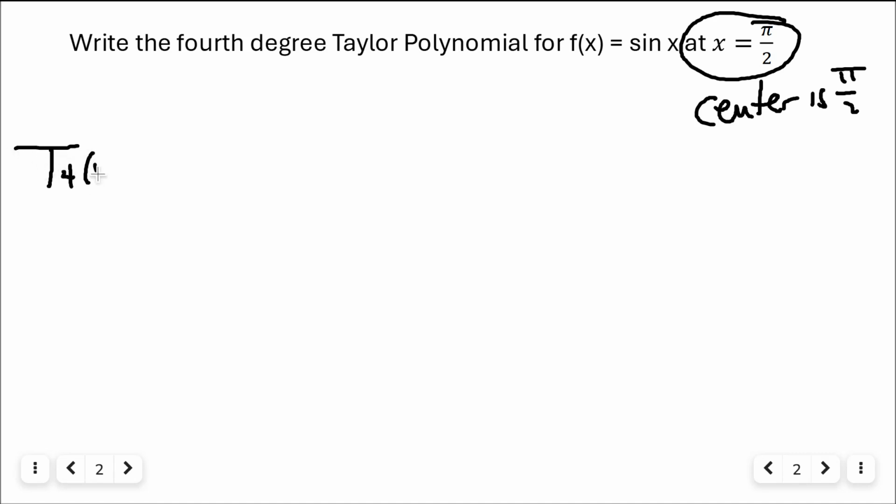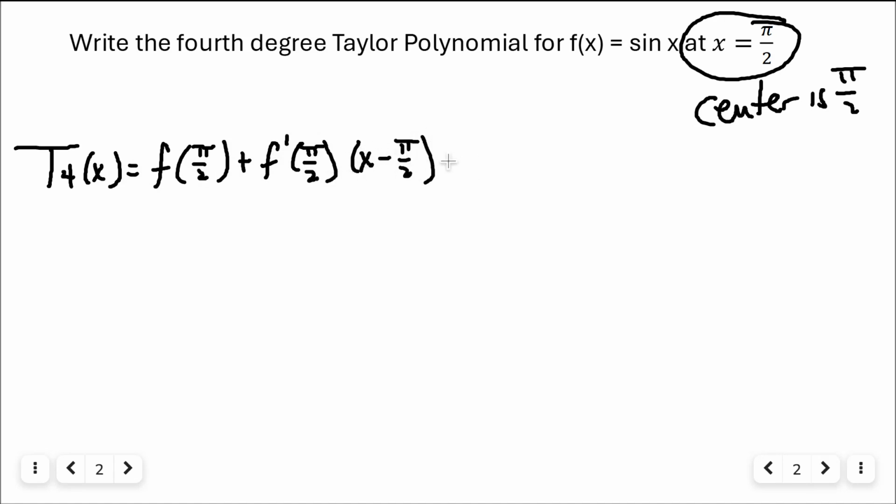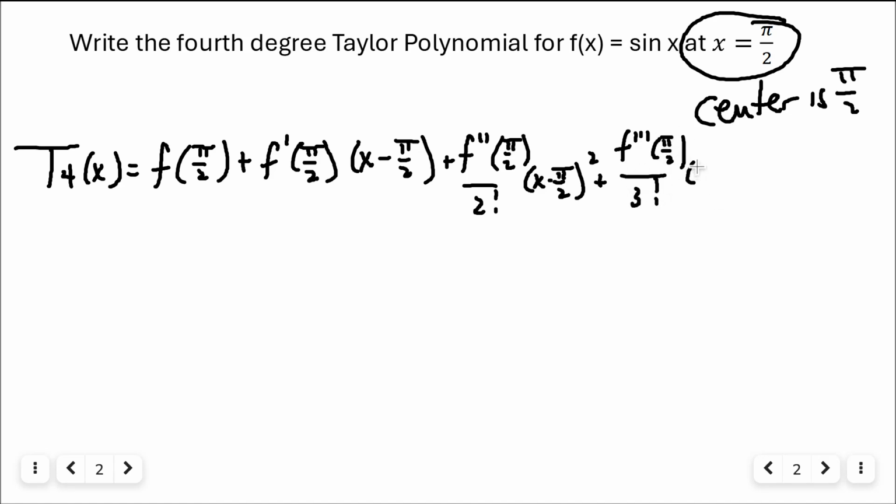So T sub 4 is going to be equal to, the center is pi over 2, f of pi over 2 plus f prime of pi over 2, x minus pi over 2, plus f double prime of pi over 2 over 2 factorial, x minus pi over 2 squared, plus f triple prime of pi over 2 over 3 factorial, x minus pi over 2 cubed, plus the fourth derivative at pi over 2 over 4 factorial, x minus pi over 2 to the fourth.